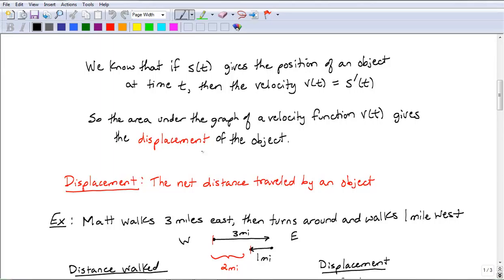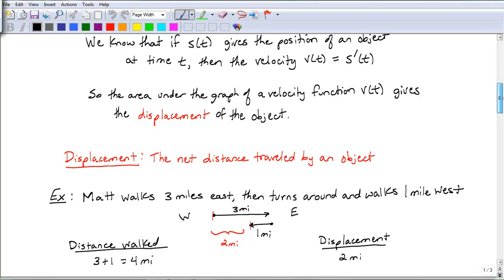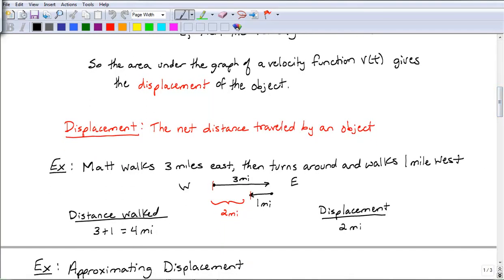In this example, it says, Matt walks 3 miles east, then turns around and walks 1 mile west. So I drew a little picture. He starts here, and he walks to the east 3 miles, then turns around and walks west 1 mile. You say, well, how far did Matt walk? That's the distance.